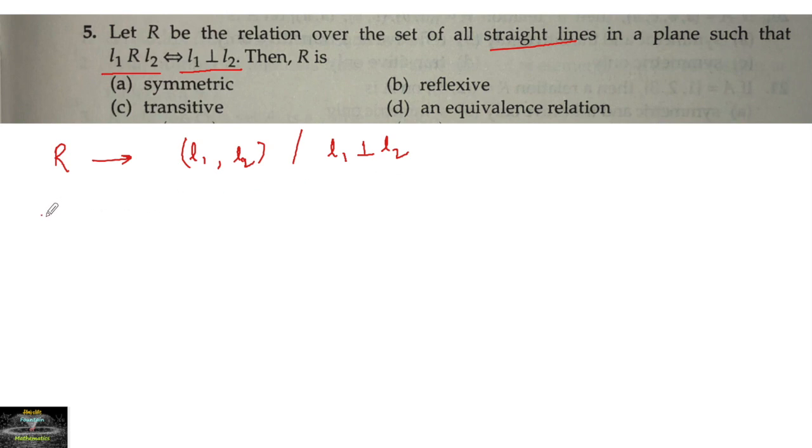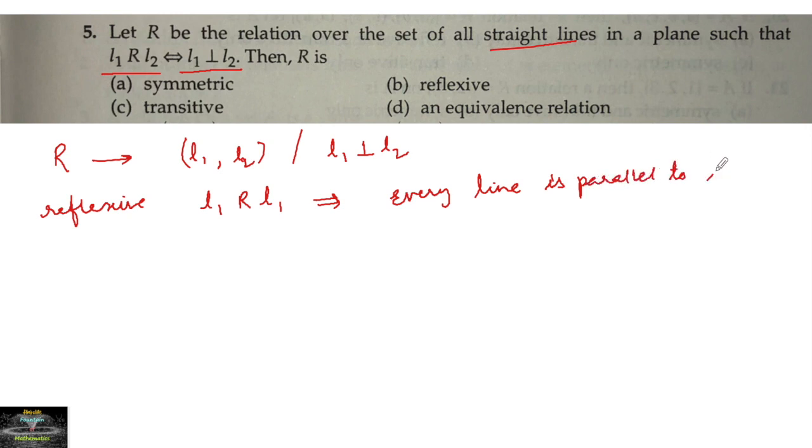Now coming to the reflexive case, L1 related to L1. So we know that every line is parallel to itself, but we cannot say that every line is perpendicular to itself.